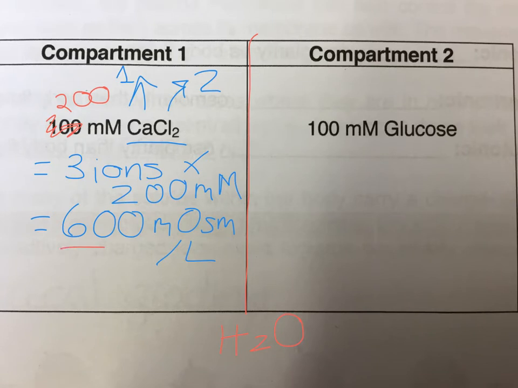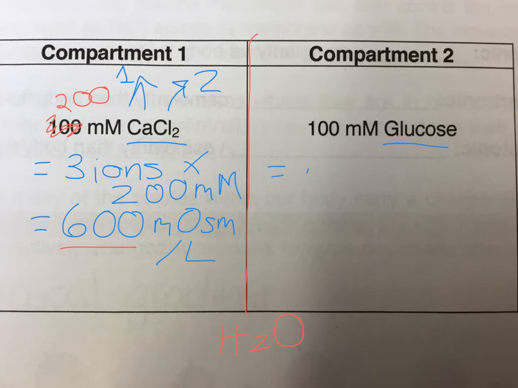So this is important that we have this number here. In compartment 2, we have 100 millimoles of glucose. Now remember, I said that glucose is one where it's not going to dissociate in solution because it is a covalently bonded molecule. So even though we have C6H12O6, we only have 1 molecule that can contribute to osmolarity.